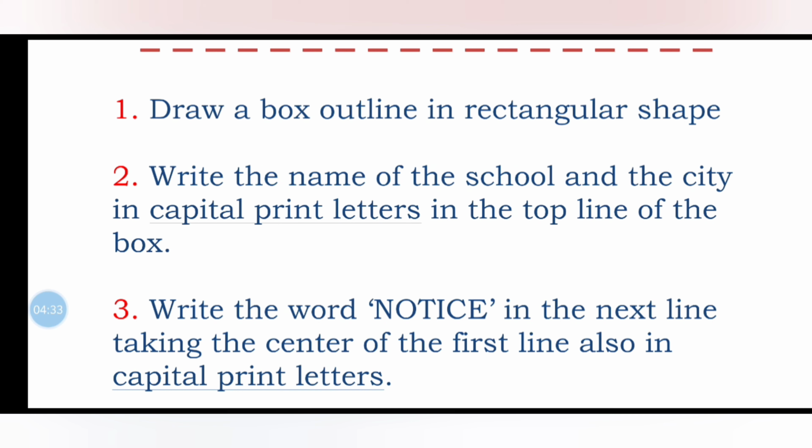So once you have drawn the box, the first line will include the name of the school as well as the city. Then the third step is you write the word notice in the center of the first line, again in capital print letters. I'm going to discuss the capital print letters further in the video.